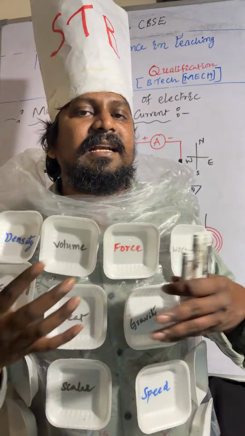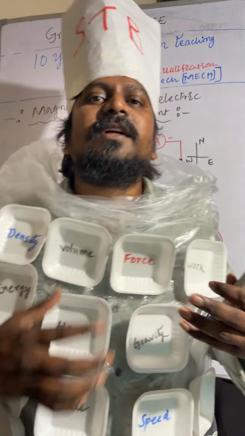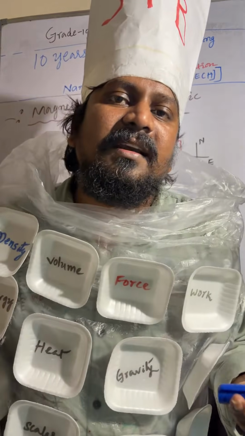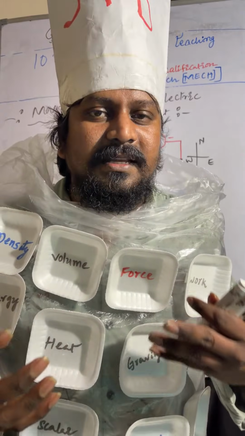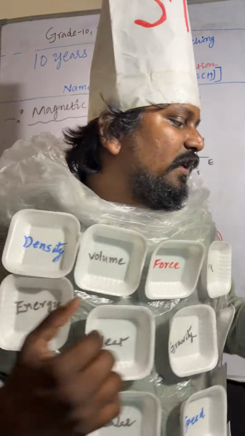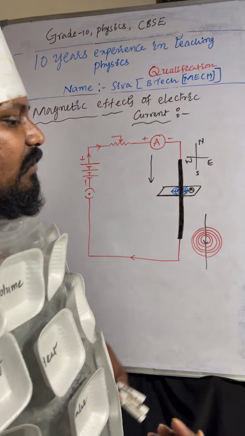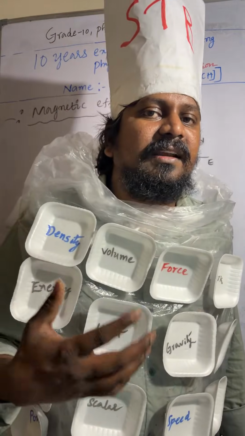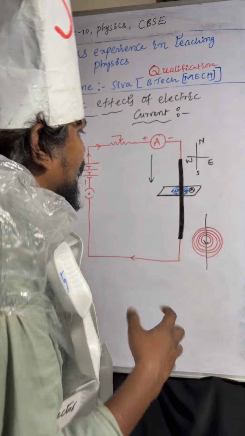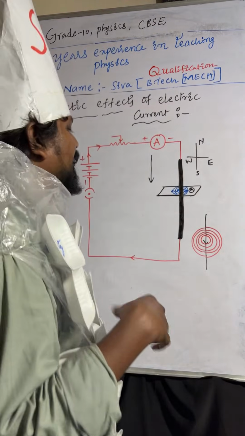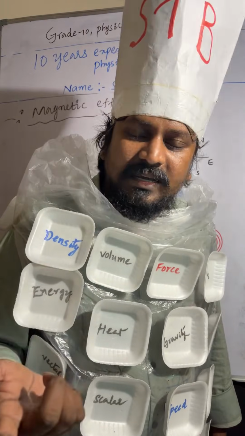More crowding of the magnetic field represents more magnetic field. So by using the right hand thumb rule, we can identify the magnetic field direction around the current carrying conductor.